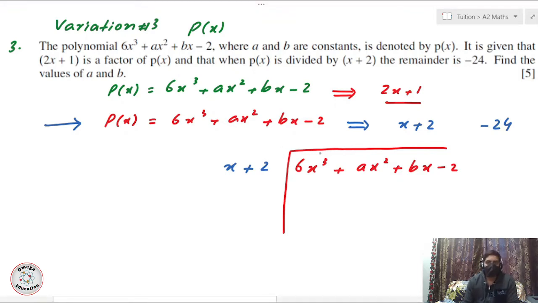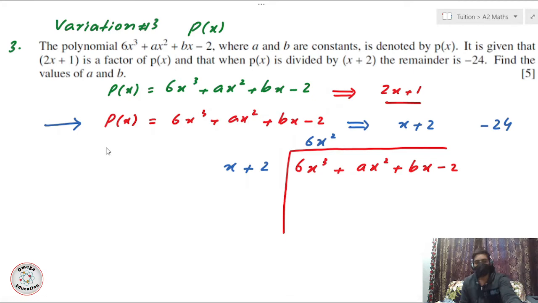Now you should know what the first step is. What number or what polynomial do I multiply x with so that I get 6x cubed? For some of you, it's very obvious that it is 6x squared.